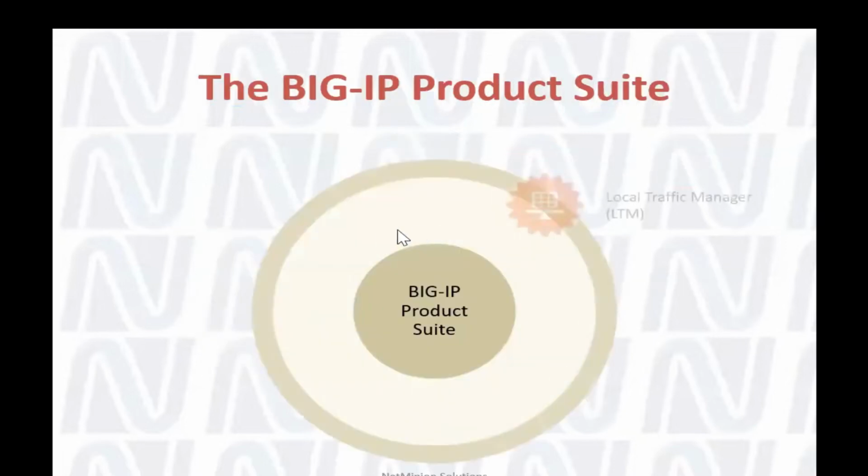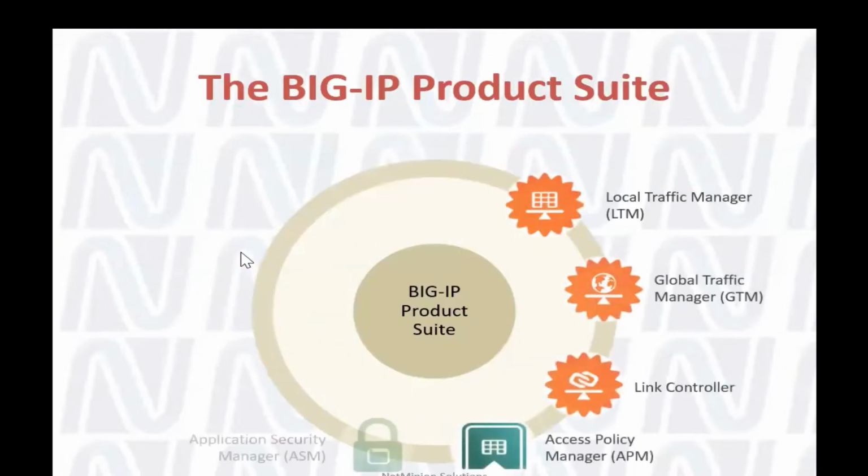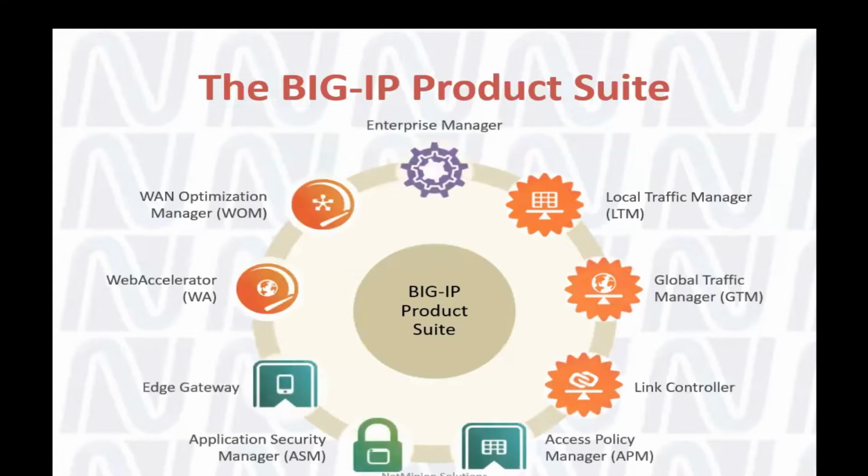Let me quickly go to the next slide, where I will show you that even the BIG-IP product suite family has a lot of range available, like LTM, whatever we will cover in this class.